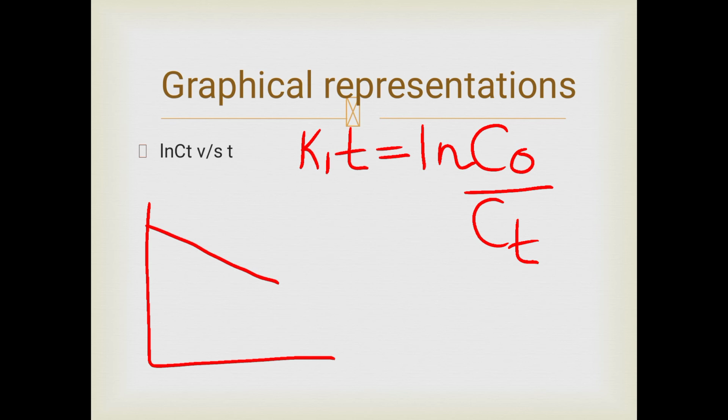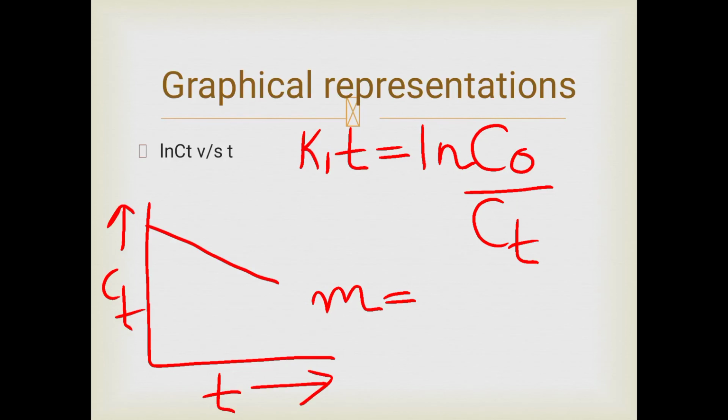So by rearranging I get this graph, this is my y-axis and this is my x-axis. Here it is very important that you know the slopes. If you know how to plot the graph, it is understood that you also know how to find the slope. So your slope here is m equal to minus k, and your intercept, c, is equal to ln of c0.